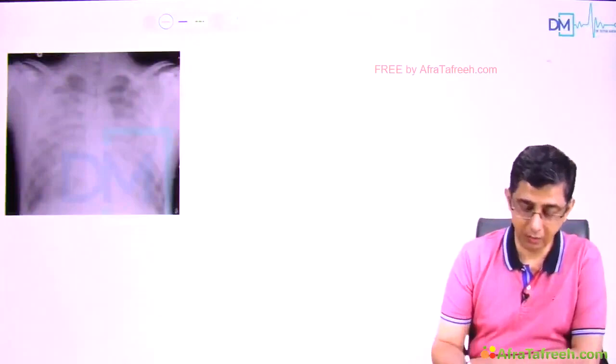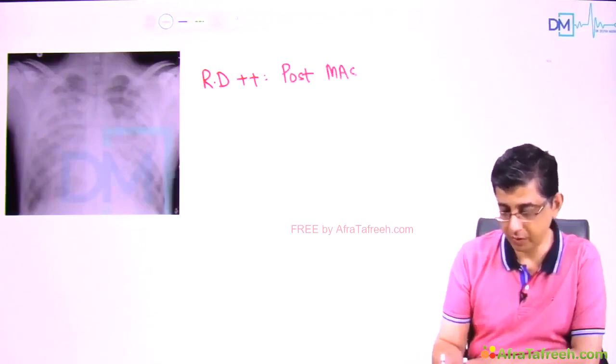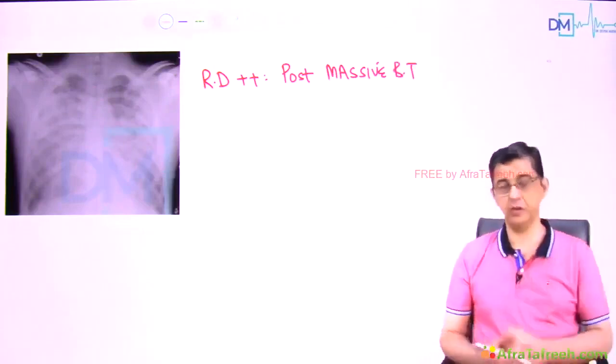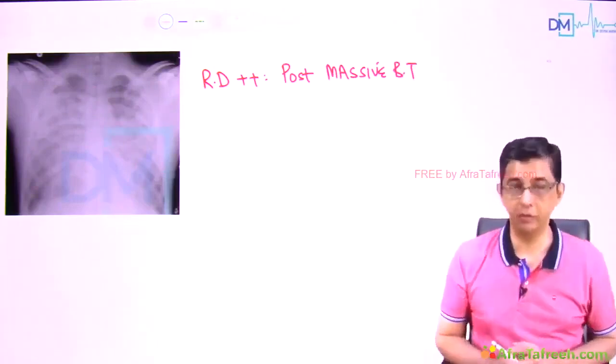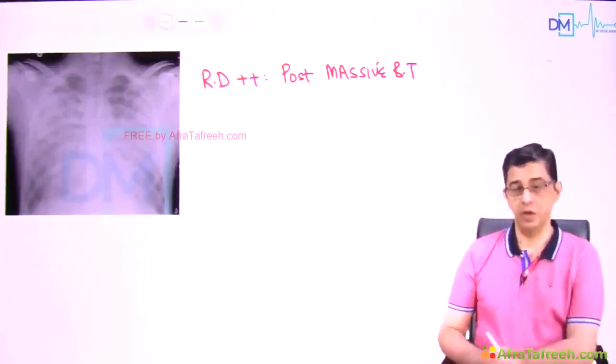Okay guys, the next topic that we will revise is ARDS. I am giving you a scenario of respiratory distress developing in an individual after a blood transfusion. It is like the patient received massive blood transfusion and subsequent to that he's having TRALI, that is transfusion related acute lung injury, which happens to be one of the important causes of death in patients who have had a massive blood transfusion.